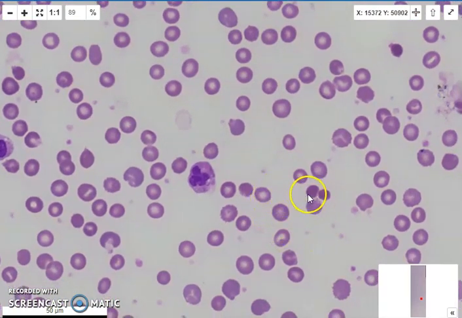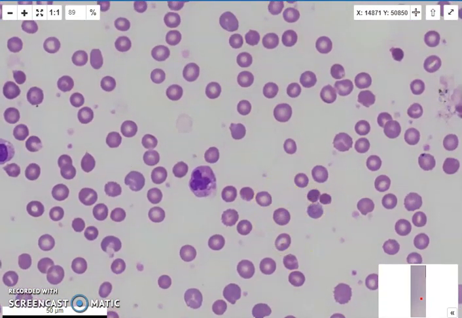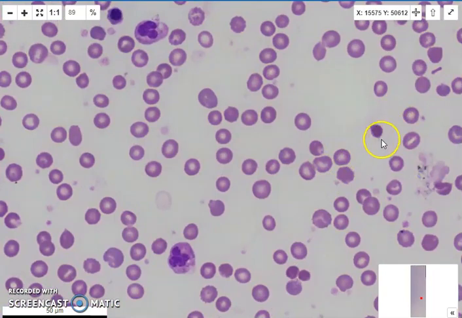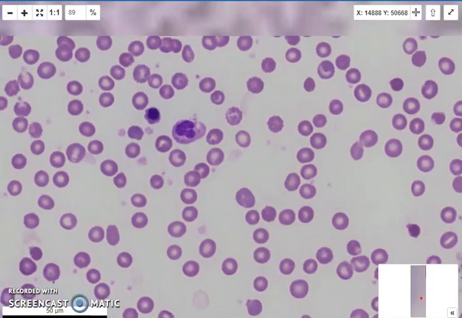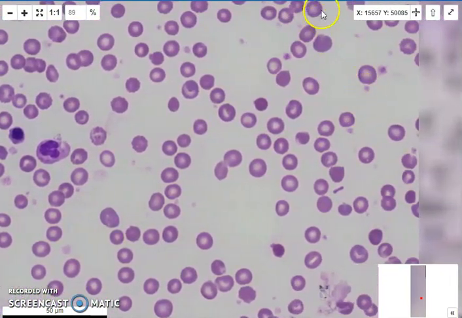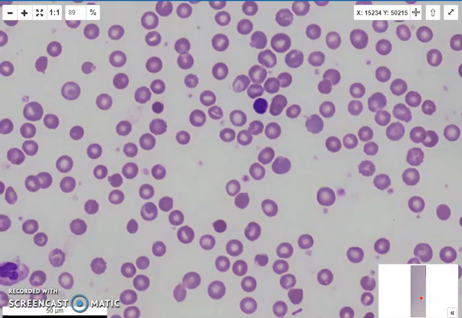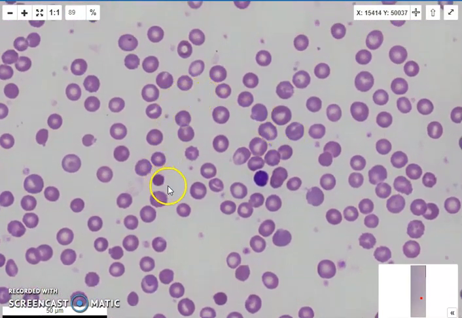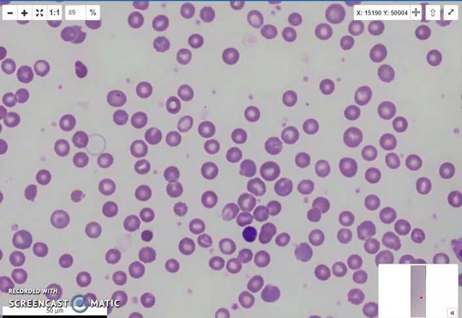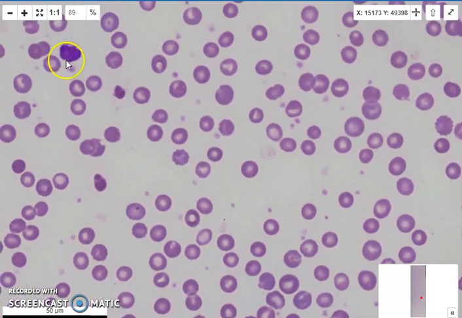This one's not round, it's got a little bite taken out of it. This one we can see where the membrane's been pulled. We can see this one with the uneven hemoglobinization where the membrane has been disrupted as well and started to leak out its hemoglobin. So that is a slight difference, but sometimes people will get these confused on first glance.